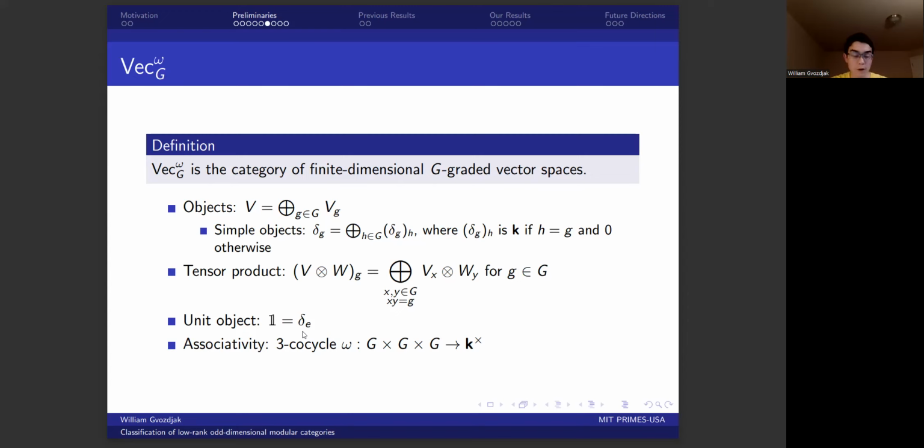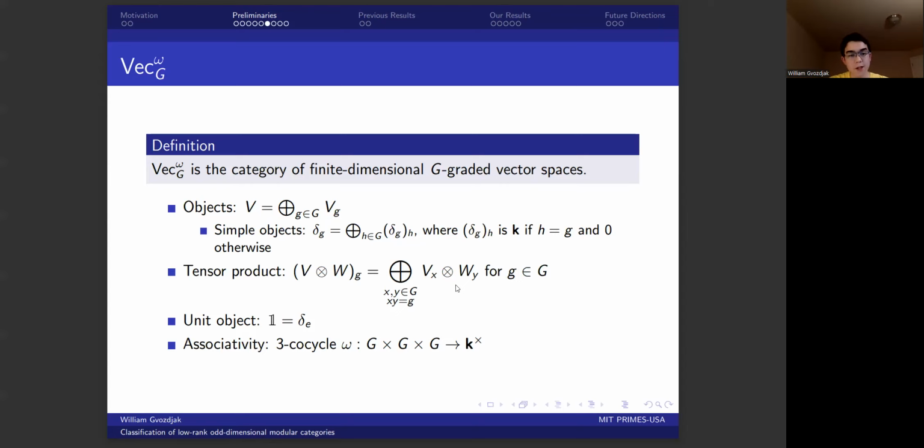We also define the tensor product. The component corresponding to the element g of the tensor product of vector spaces V and W is defined by this formula here. We go over every single element x and y of our group such that xy equals g, and then we take the tensor product of the component of V corresponding to x and the component of W corresponding to y.